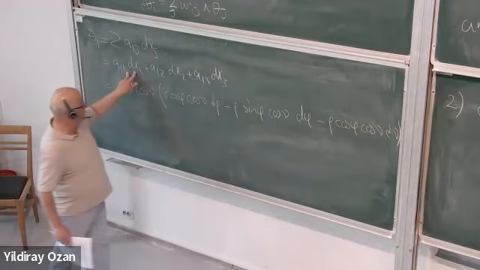A12. A12 is sine phi, cosine nu. And then I have dx2. X2 is rho times sine phi cosine nu. I take differential of this. So let me tell you what the result is.